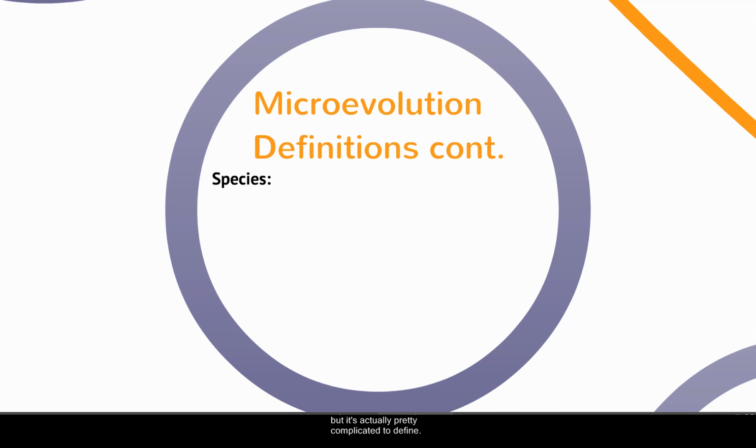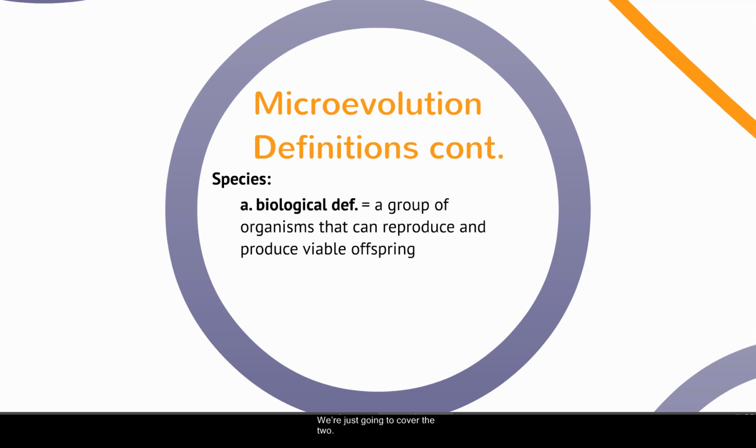Our next definition is species, and this is a word we throw around a lot, but it's actually pretty complicated to define, and there are 5 or 6 different species definitions floating around out there. We're just going to cover 2. The first one is the biological species definition, and this defines a species as a group of organisms that can reproduce and produce viable offspring. There are 2 key parts to this.